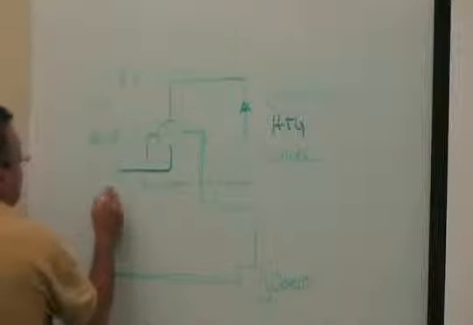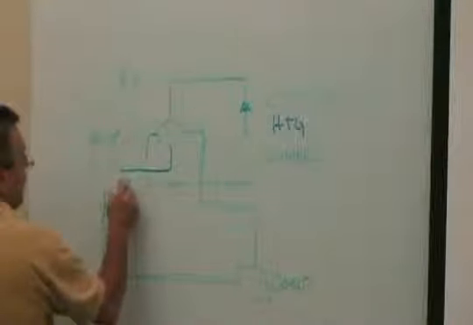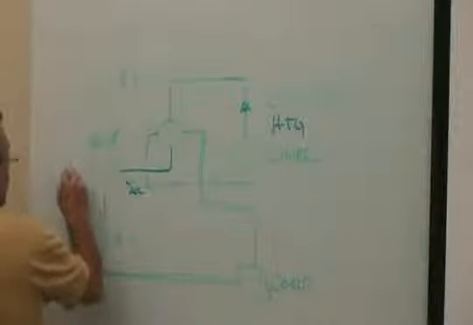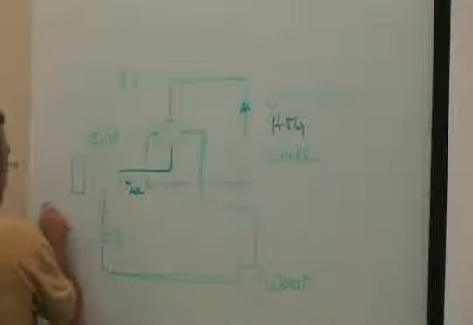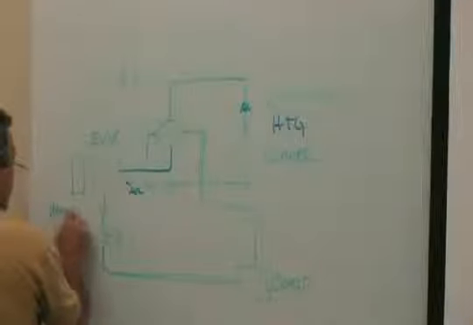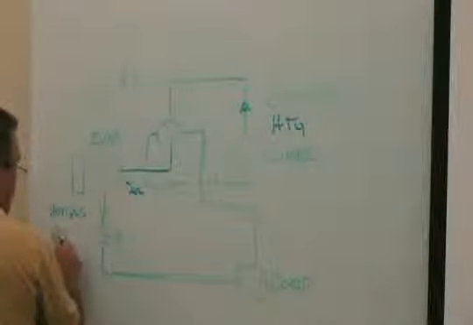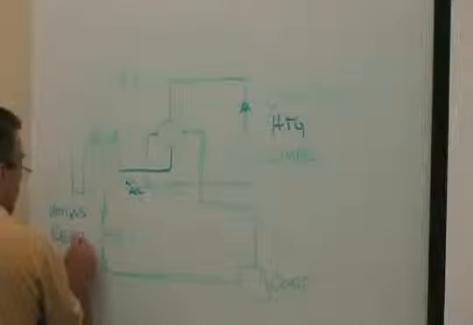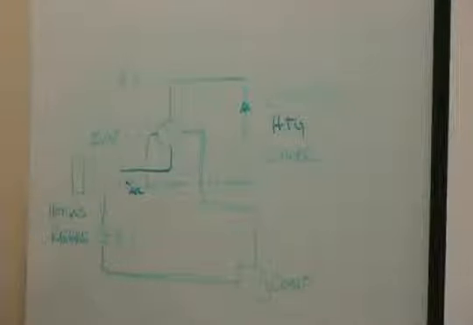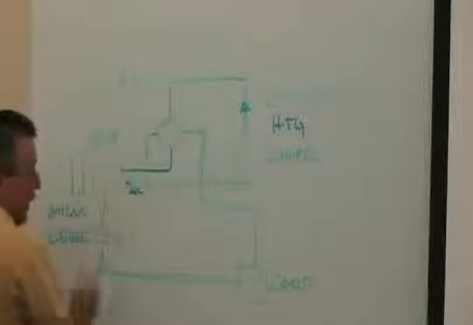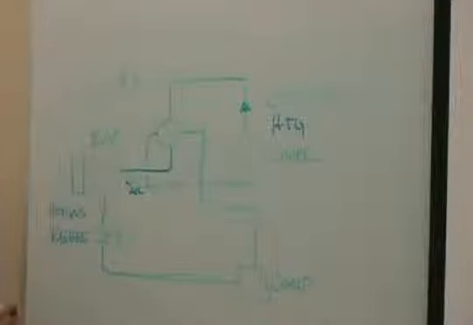Okay. Then, let's say this direction is air, and I might introduce another coil right here that is hot gas reheat or humidification. For instance, if I'm putting all my outside air in the heat pump, I might have to dehumidify because my cooling load is satisfied, but I'm putting in a constant amount of fresh air all the time.